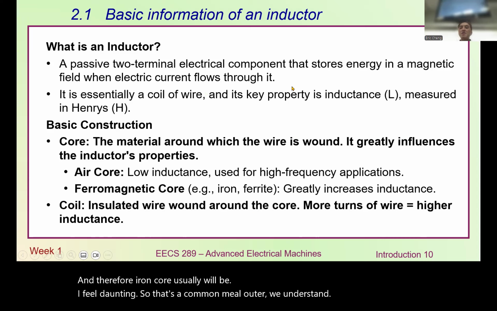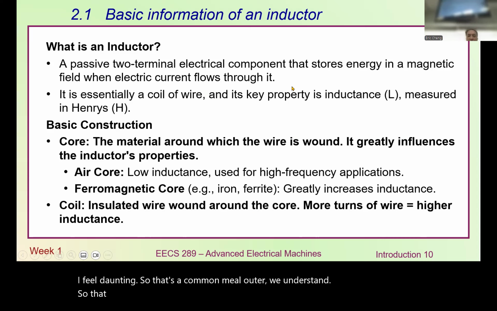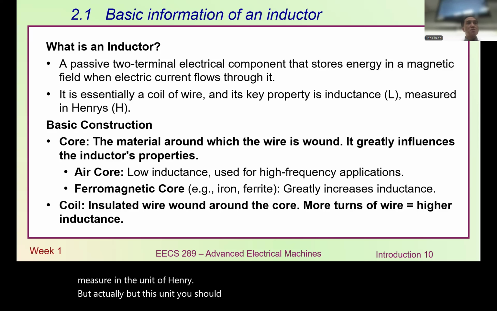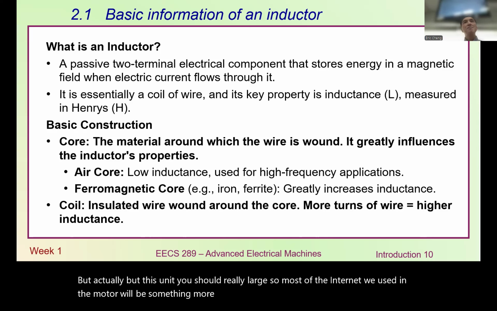So an inductor basically helps to store energy, and the inductance is usually measured in the unit of Henry, L, but H, right? But this unit is usually really large. So most of the inductors we use in a motor will be more like millihenry, mH.